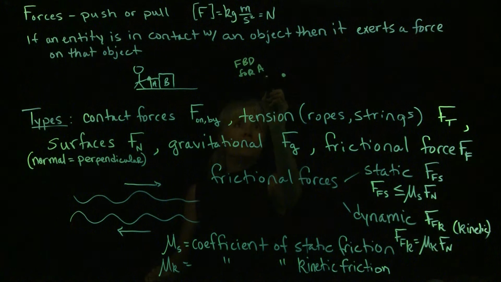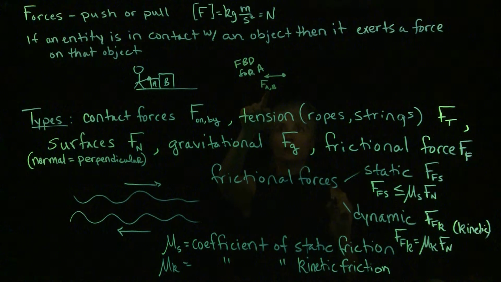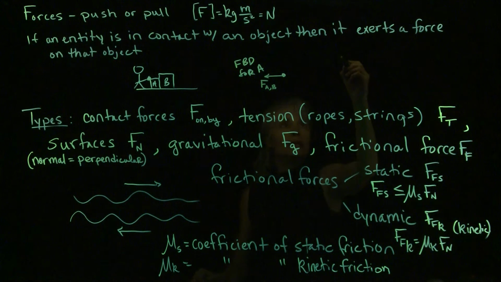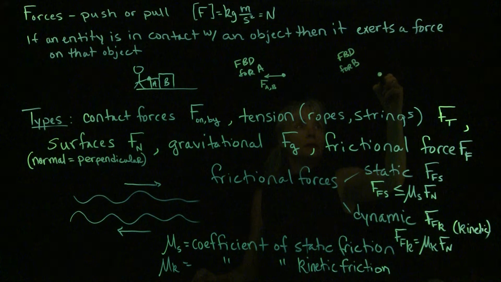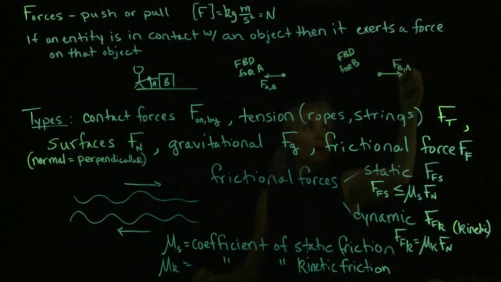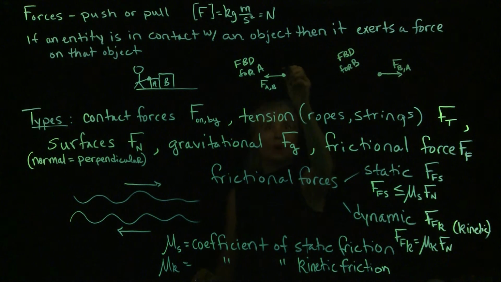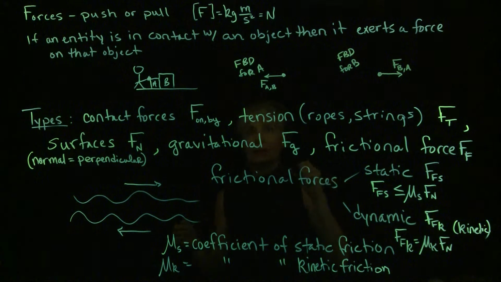One is going to be by B. B is going to be pushing backward on A, so that's going to be the force on A by B. So see how I did the contact force here, force on A by B, and if I do an FBD for B, then we would see that we're also going to have a force on B by A. And there'll be other forces on both of these free body diagrams.